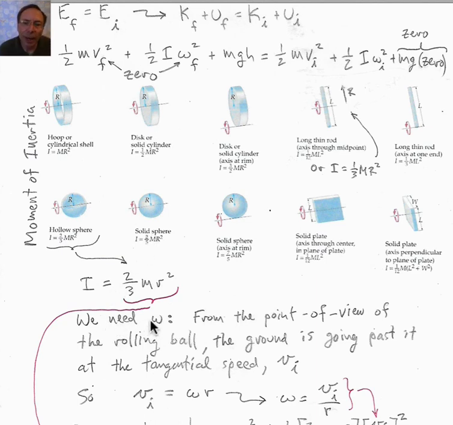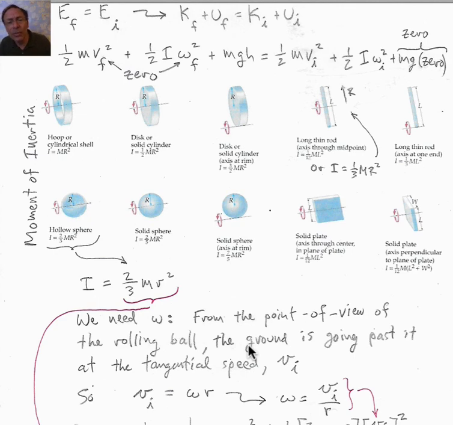So to figure that out, you have to realize that when something is rolling, the ground is going past that object, and from the point of view, let's say you're moving with the basketball, as it spins, you're going to see the ground going past you, and the ground then has the tangential speed of the bottom edge, the contact point of the basketball with the ground.